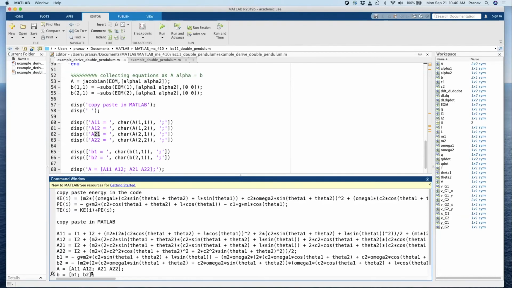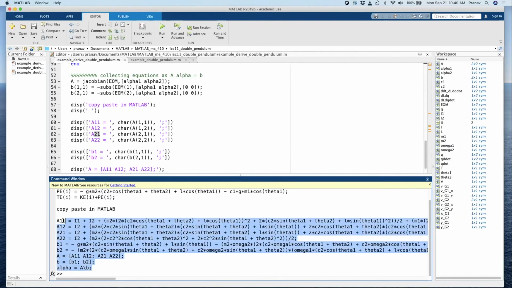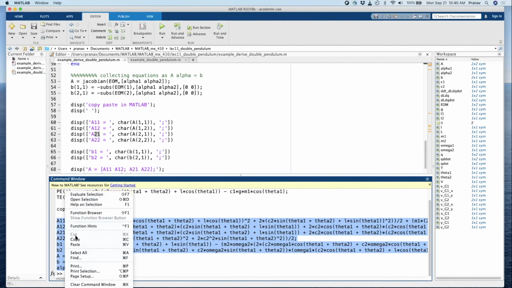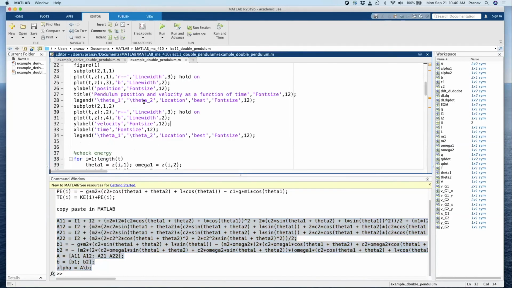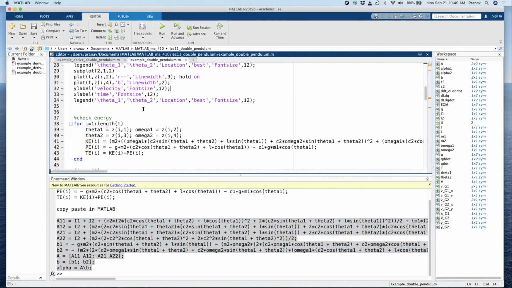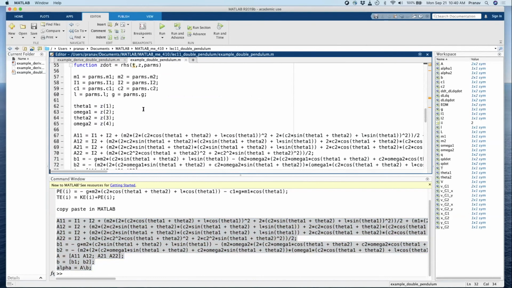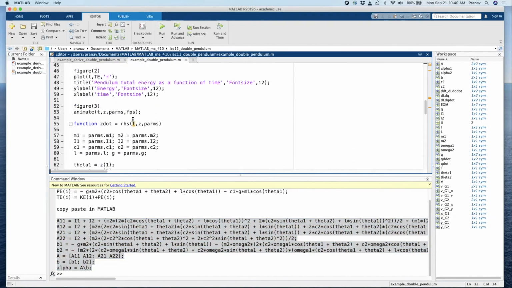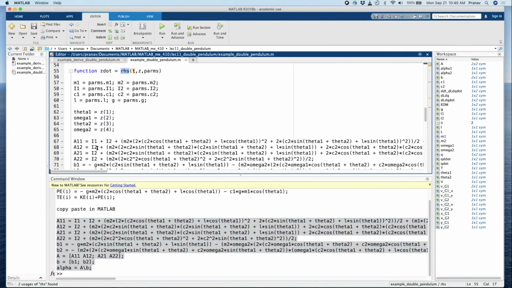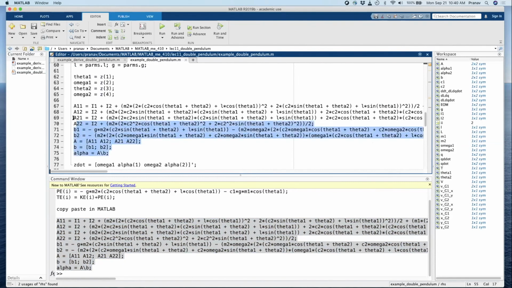Okay, so what I usually do is take this part, which is the part I need for the integration, and copy it into the file which does the integration. So this piece goes right in the place where I have my right hand side. This is the same place where I wrote the equations of motion of the projectile, where there was the gravity part. I put these equations down, copy paste them, and then I get alpha.